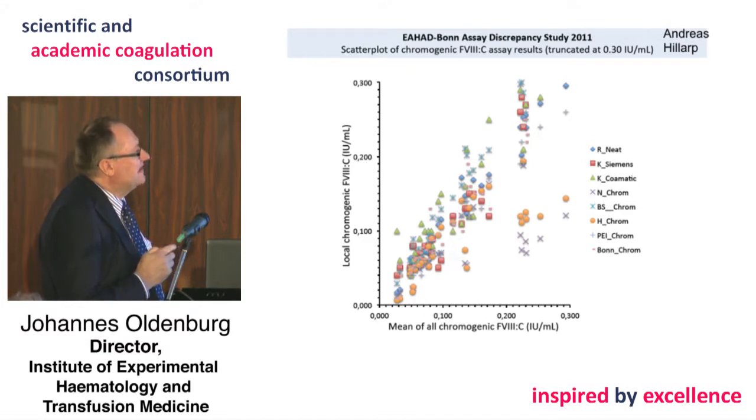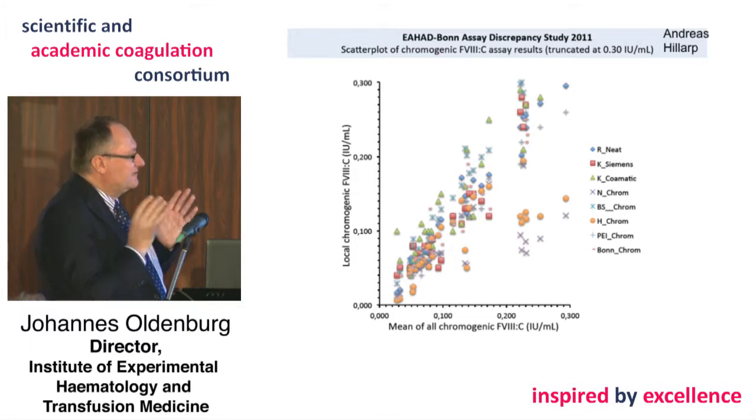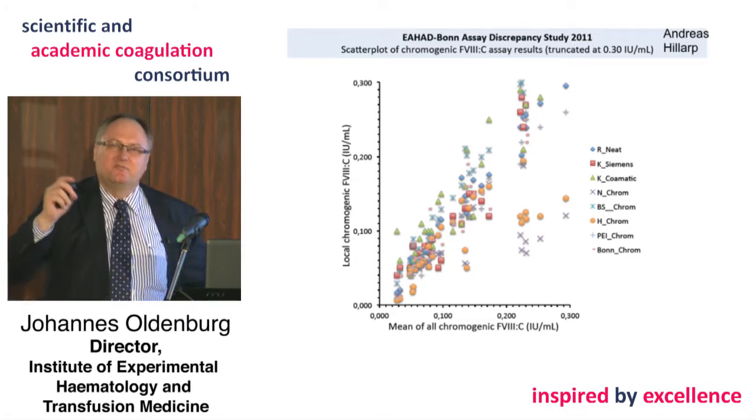And we have done the same for the chromogenic assays. Again, the local value against the mean. Overall, the scattering of the results is much less. These are 2 patients with these mutations at thrombin cleavage sites.